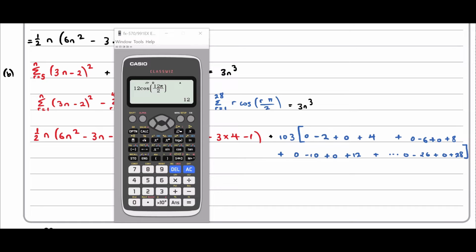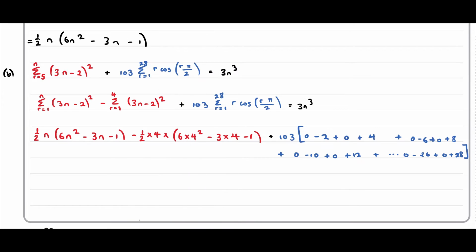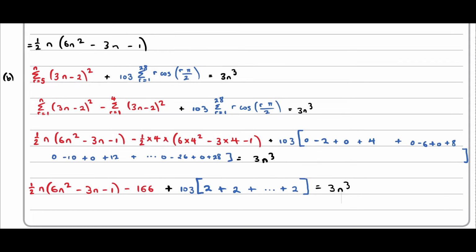The reason for this is because we have 0 minus 2 plus 0 plus 4. We have a pattern emerging. And every 4 terms, we have a difference of 2. So, let me just write this down. What's essentially happening is every 4, there's a difference of 2.